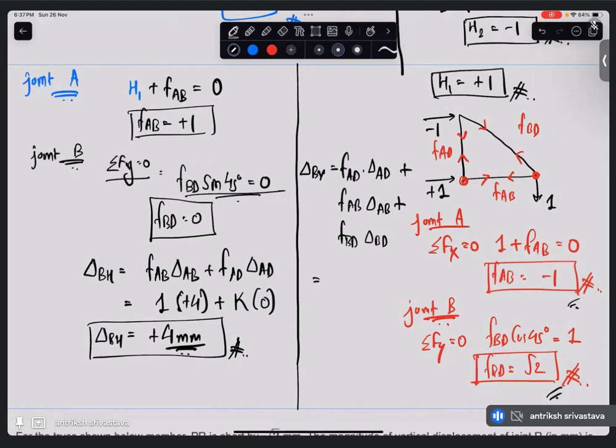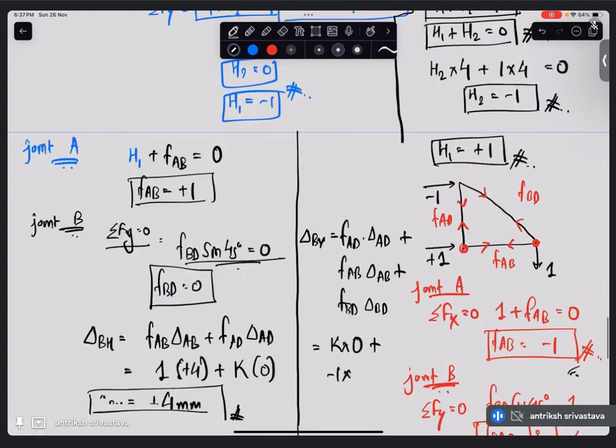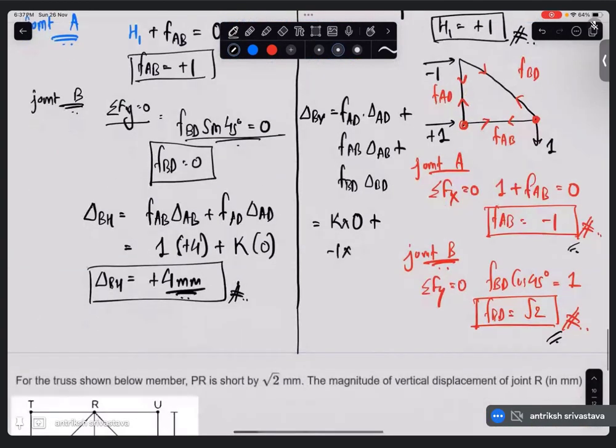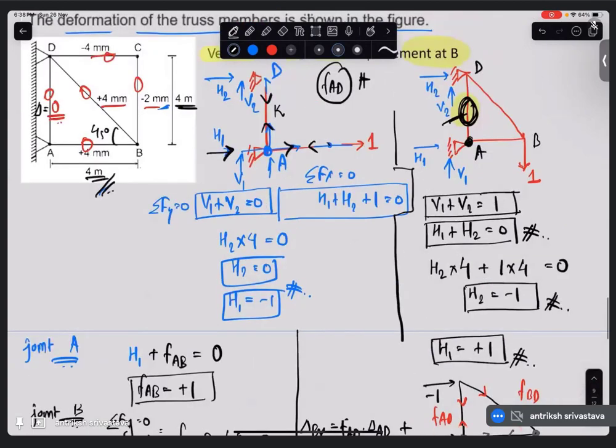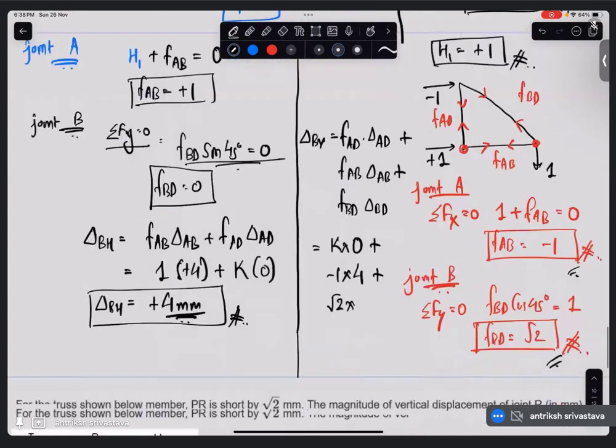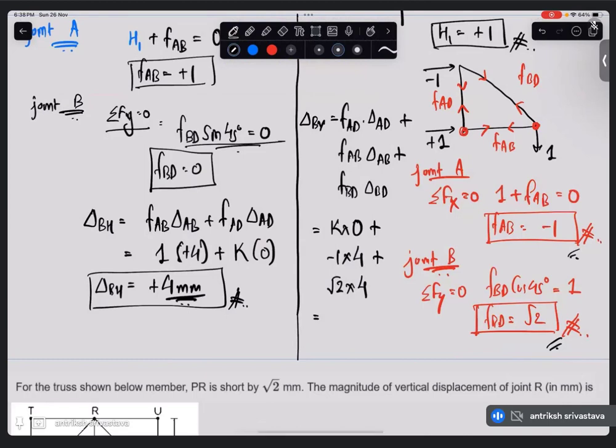FAD, some k, into delta AD 0, plus FAB, minus 1, into delta AB, which was plus 4, then plus FBD, root 2, into delta BD, which is also plus 4. So we have delta B vertical is root 2 minus 1 into 4, that is 1.658 mm.